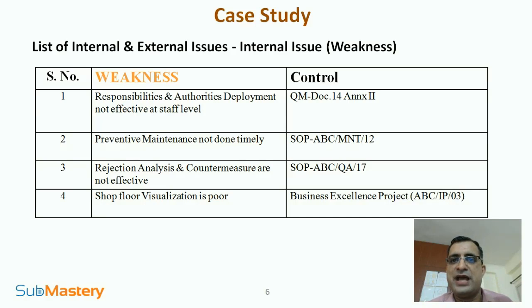I think this is the first time IATF has done this, and it is very much appreciated by everyone, because now people won't hide from their own weaknesses. Now they need to write them down, and they also need to have an action plan on them. So these are internal issues, strength and weakness.